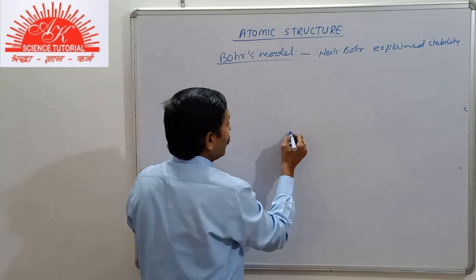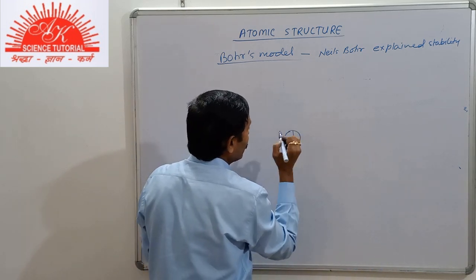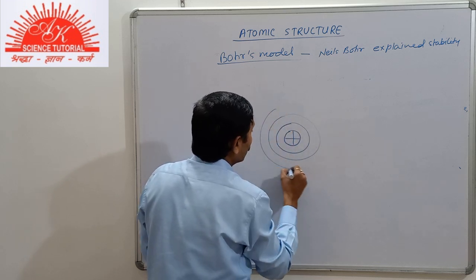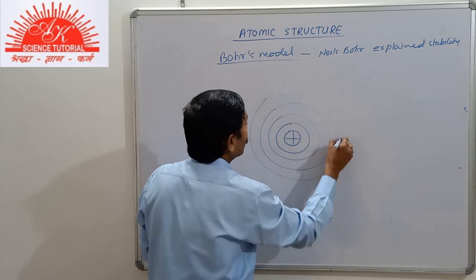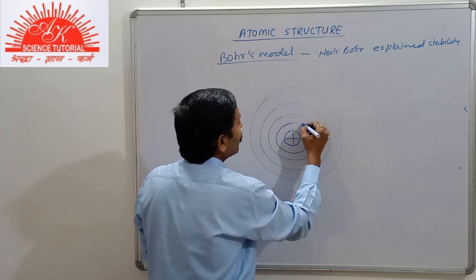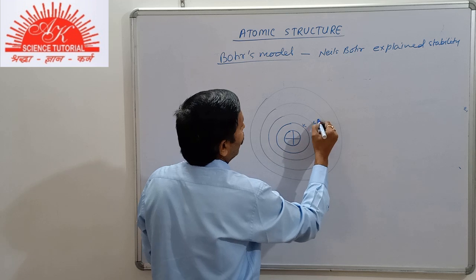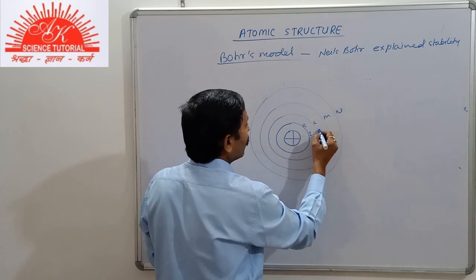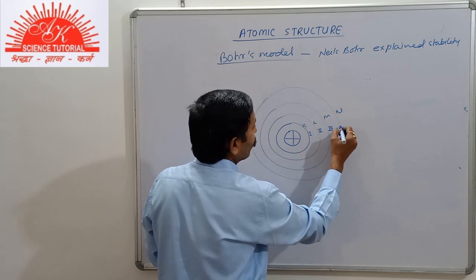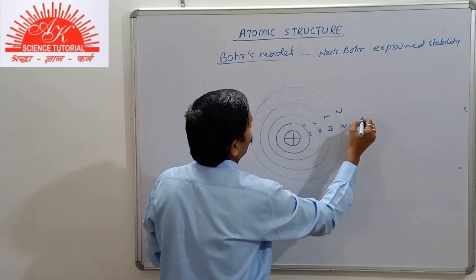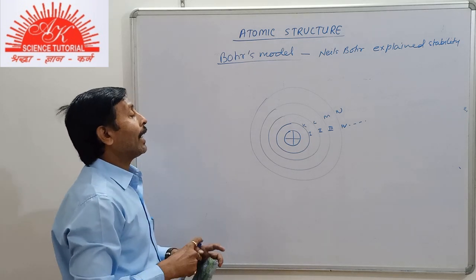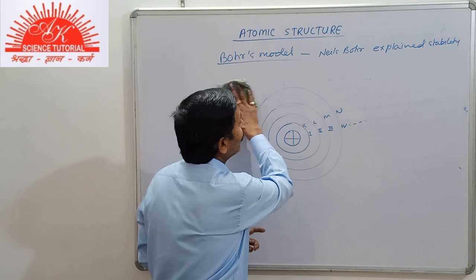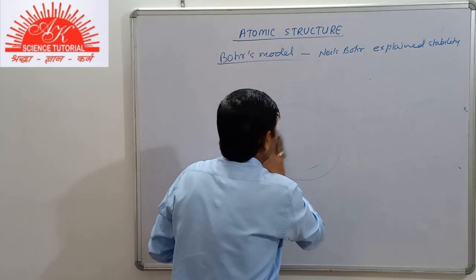Like, this is the nucleus, now this is the first shell, second, third, fourth. Now this is K shell, L, M, N, also marked as 1, 2, 3, 4 and so on. So this is the arrangement of electrons around the nucleus of an atom.